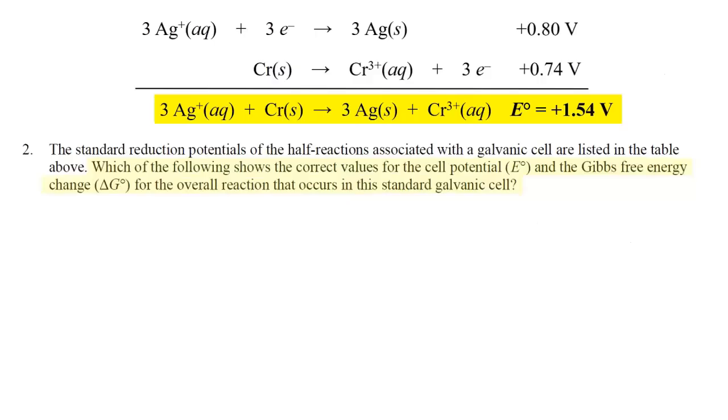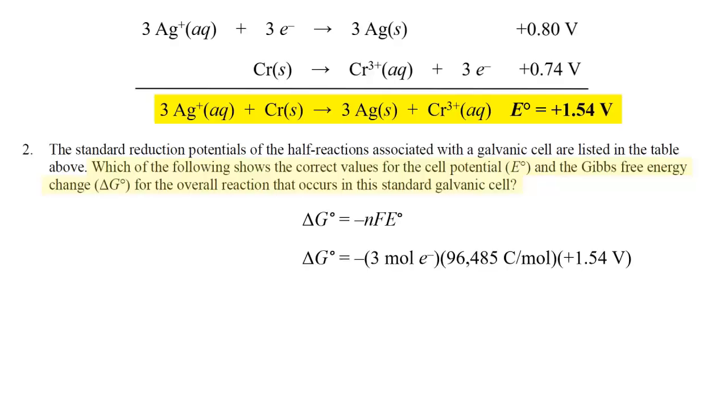Okay, so here's the calculation. We have 3 moles of electrons on the left, 3 moles of electrons on the right, so the value of n is 3. There are 3 moles of electrons transferred. My Faraday constant, 96,485, with units of coulombs per mole of electrons, and then my cell potential. The standard cell potential for this galvanic cell is positive 1.54 volts.